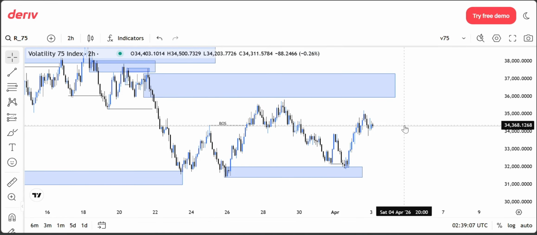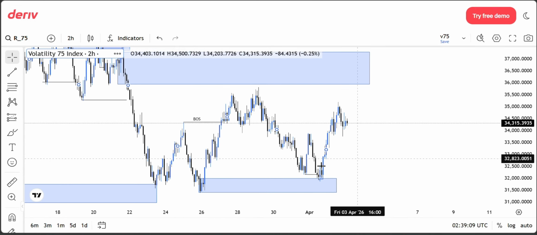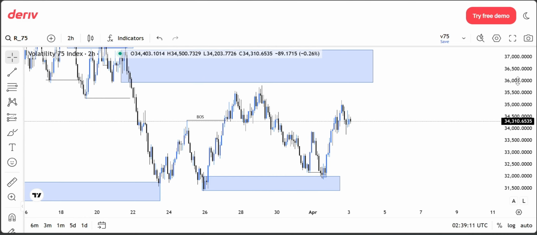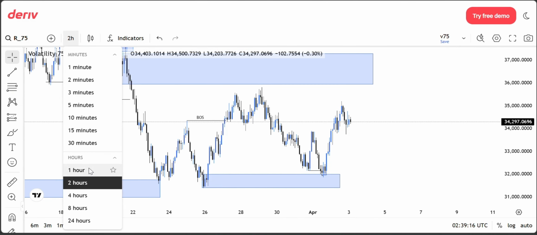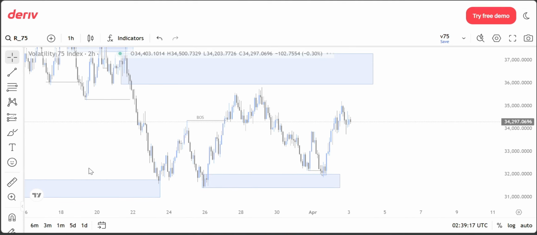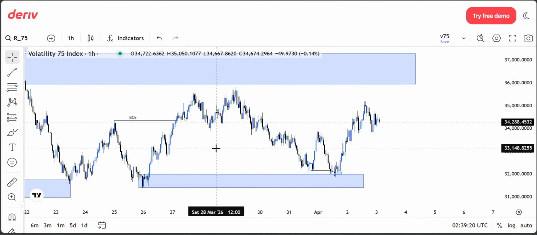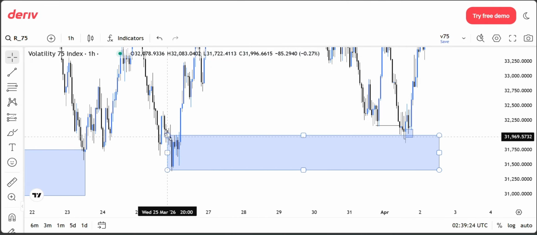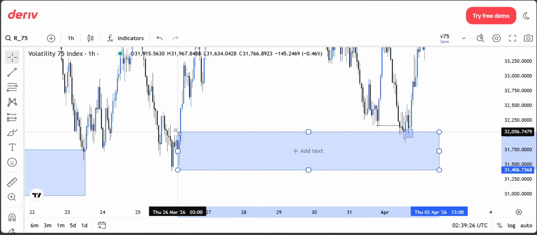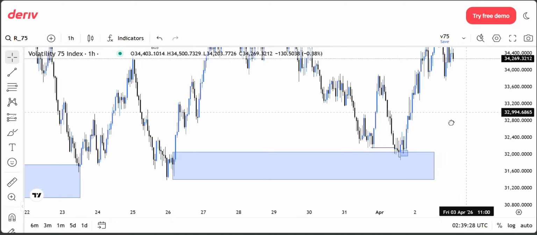So coming down to our 2 hours time frame, we still have that zone, so there was nothing more to refine, okay. So let's drop down to our 1 hour time frame. Yes, so coming down to our 1 hour time frame, we still have that same zone. As a matter of fact, there was nothing more to refine.